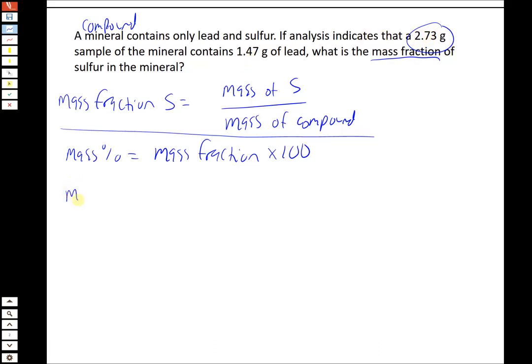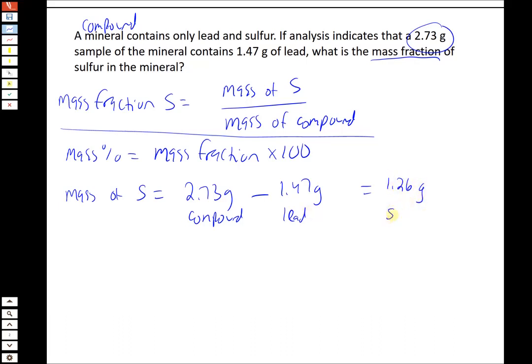So if we're looking for the mass of sulfur, which is not directly given, we know that we have 2.73 grams of the compound. We're told that we have 1.47 grams of lead. And the difference then is going to be the mass of the sulfur that's left. So make sure I get that number right. That's going to be 1.26. Alright.